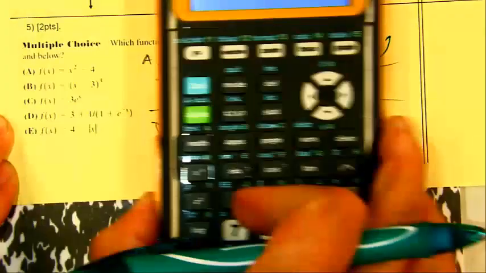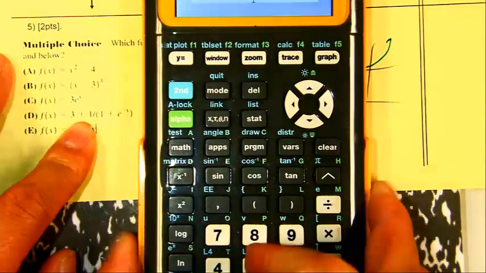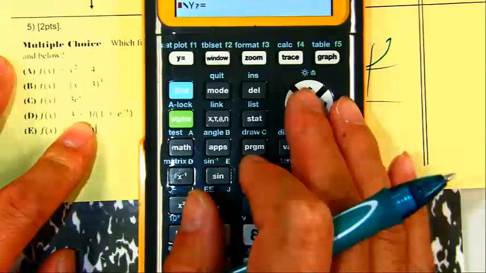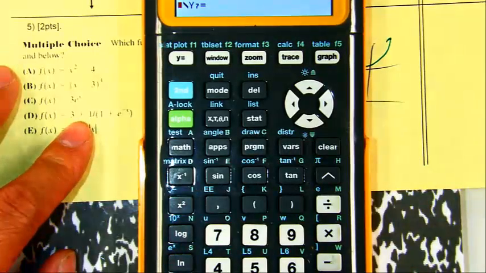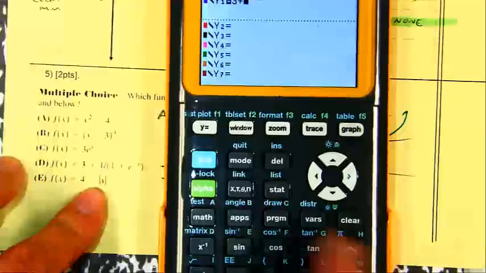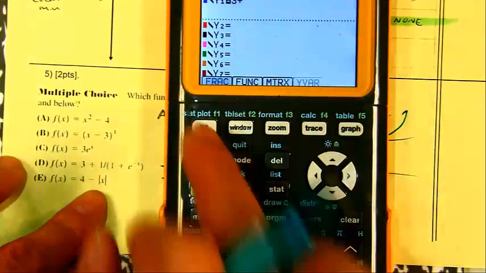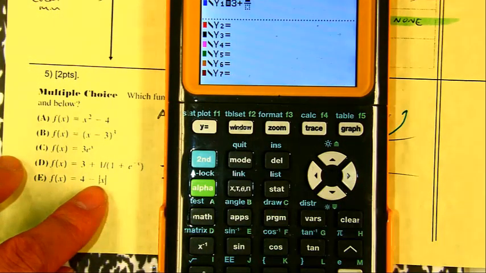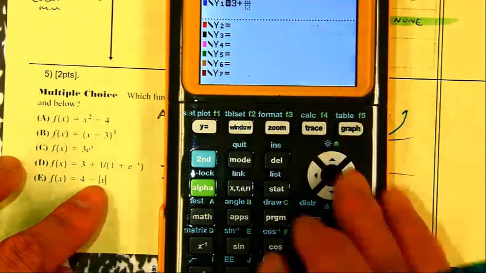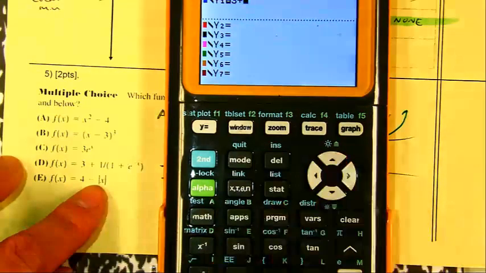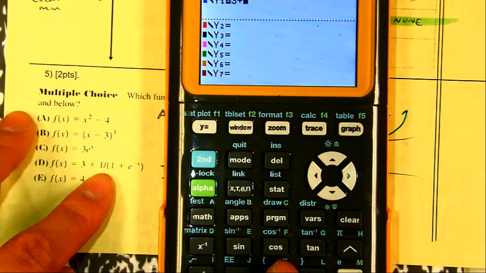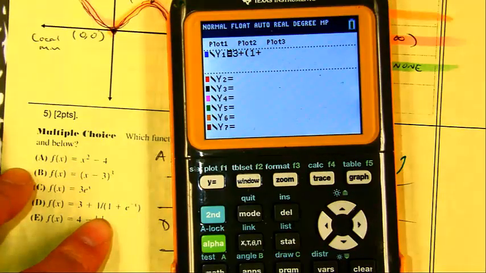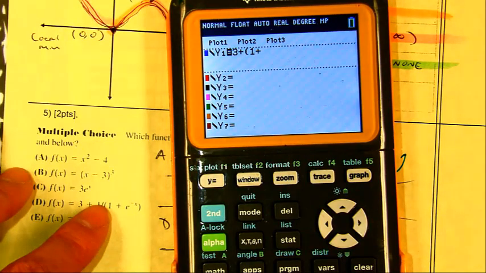And then here you have a logistic, so you do 3 plus. And there's 2 ways of doing the fractions. You can do alpha y equals. That's one way of getting a fraction. You just type it in. Or you can do, old school, just use parentheses. 1 plus, so that the 1 is in the numerator.